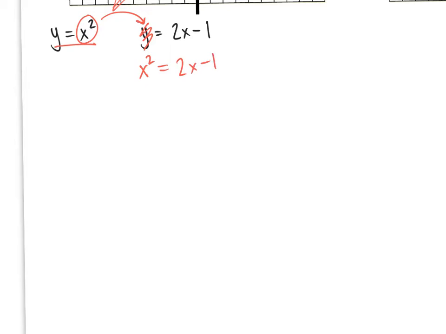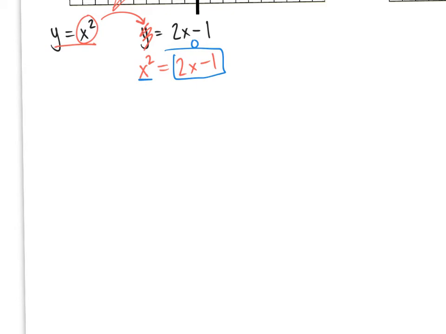So I basically just created this problem, which is going to be a quadratic that can be solved using, say, the quadratic formula. If I can get all of one of these sides to be 0, then I could use the quadratic formula. My goal here, I think what I'm going to do is try to make this side be 0, just so I keep my x squared positive.